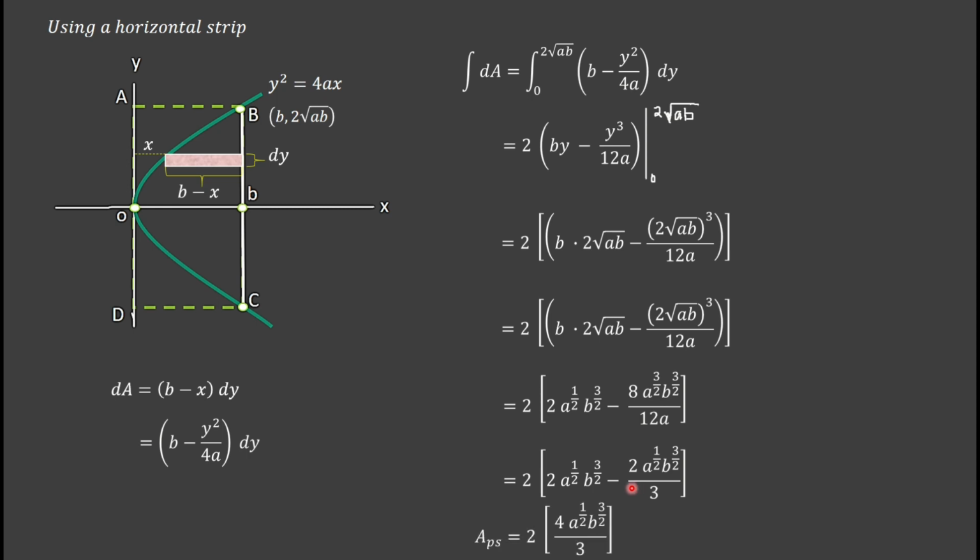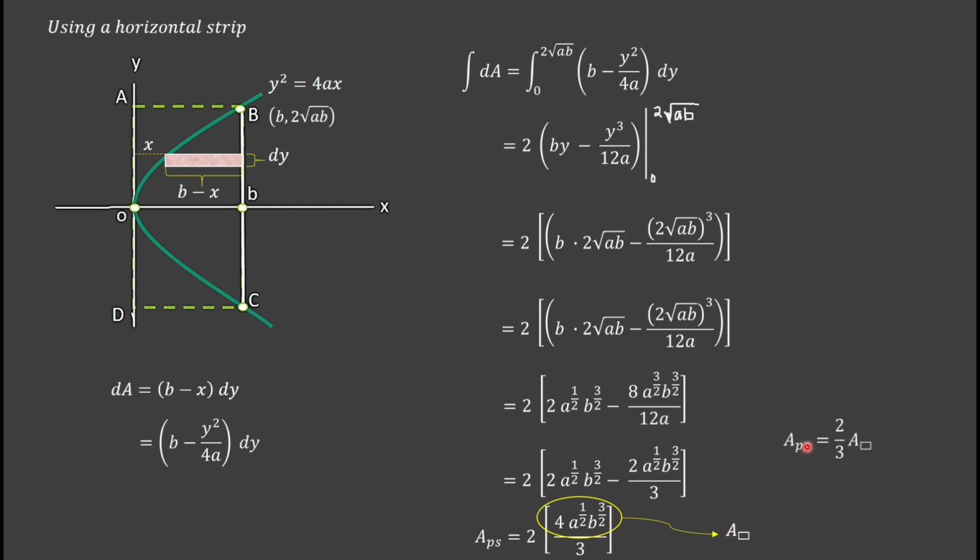Since we have the same exponents for the variables e and b, we can subtract. So the area of the parabolic segment equals 2 open brackets times 4 e to the power 1/2 b to the power 3/2 over 3, which would be equal to 2/3 the area of the rectangle.